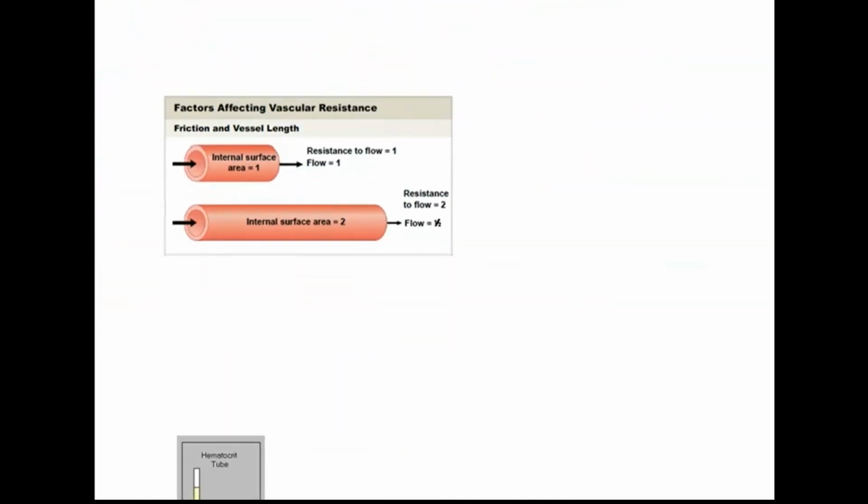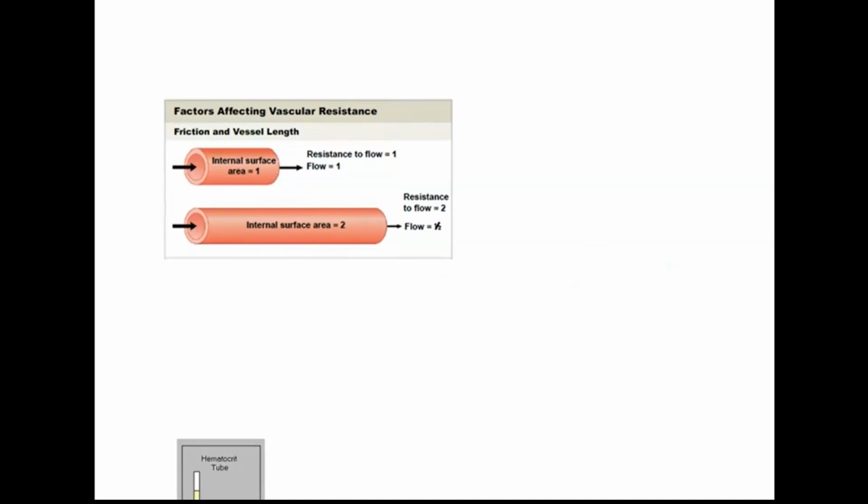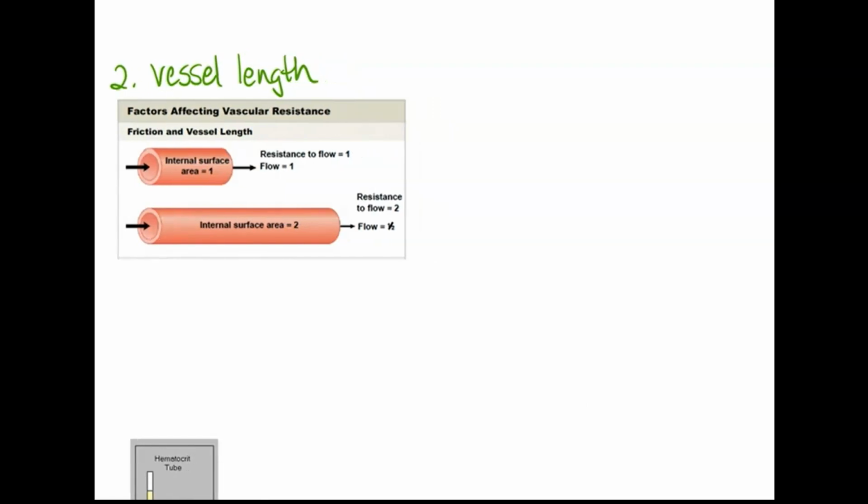Our next factor is vessel length. Okay, blood vessels have friction in them. So as blood flows through the blood vessel, you get friction. The longer the vessel is, the more friction you have.